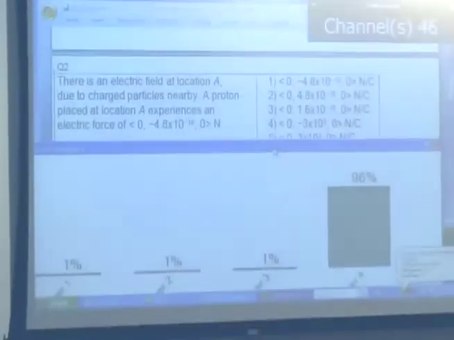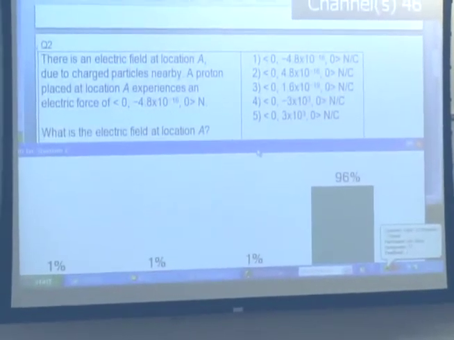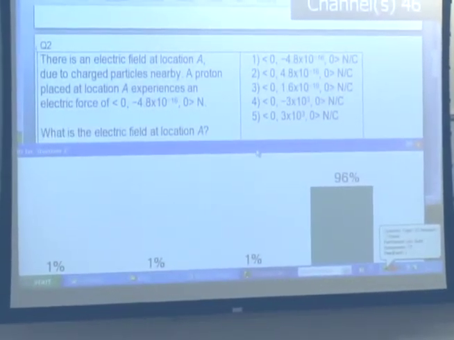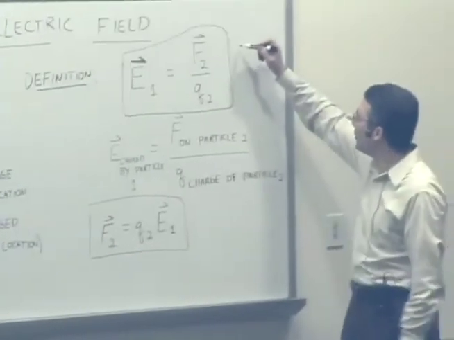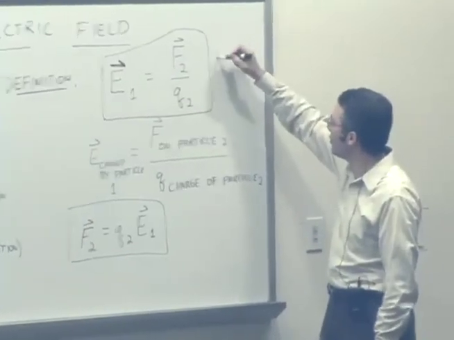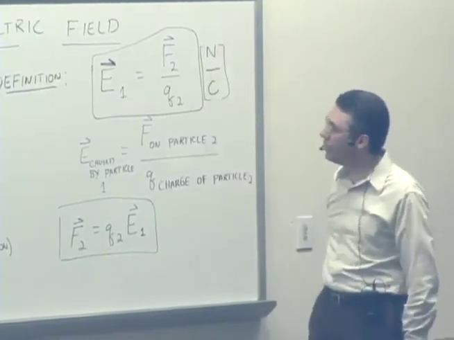Okay, pretty clear. It's got to be <0, -3 times 10 to the 3, 0> newtons per coulomb. We're just simply plugging and chugging, right? Notice the units here. There's no special name for these units. It's just force divided by charge. So newtons per coulomb are the units of electric field.